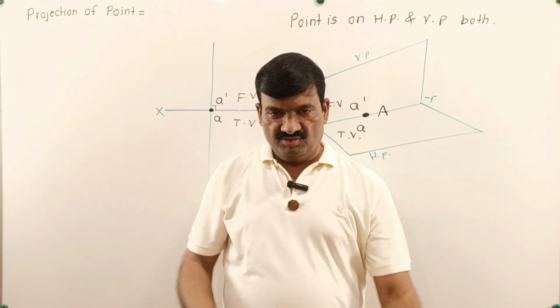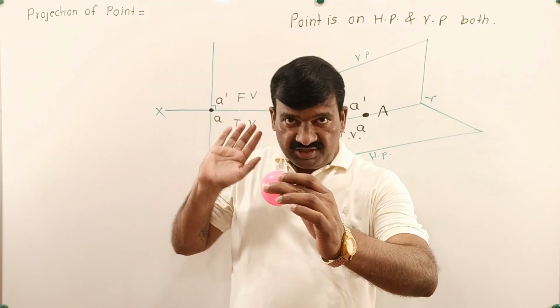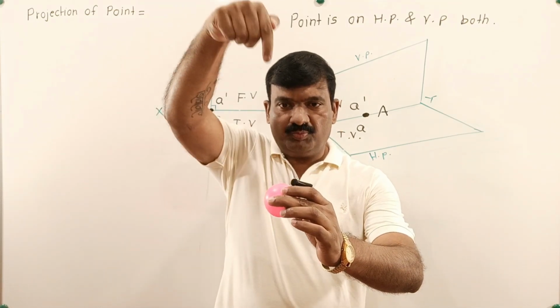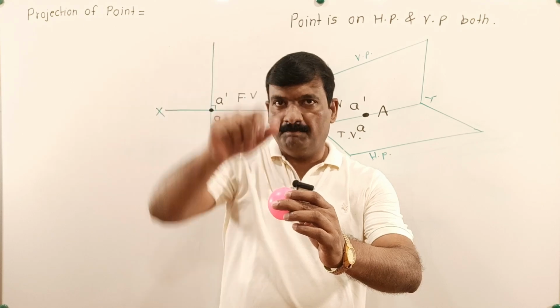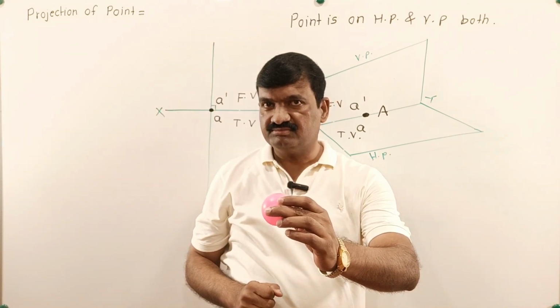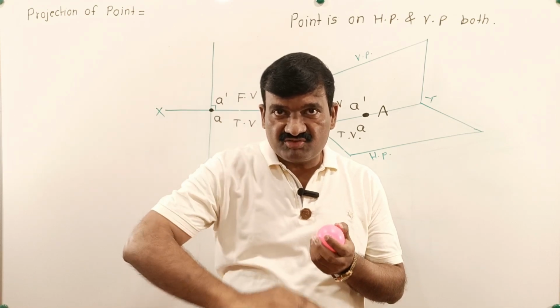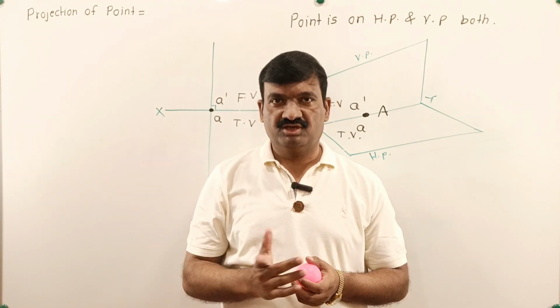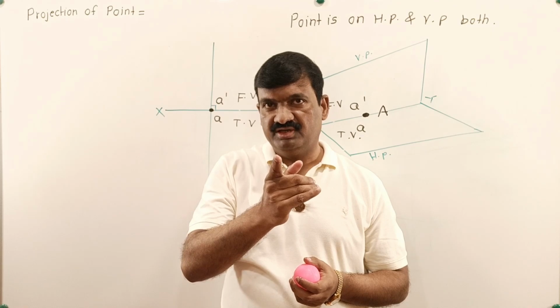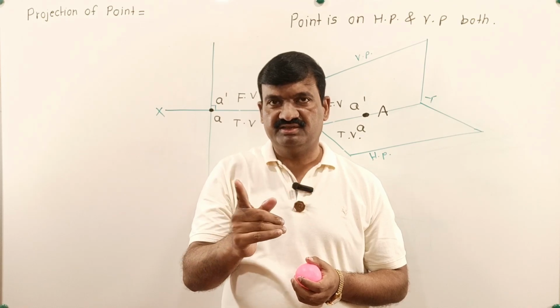Concept number 3, when this point is in front of VP, then top view of the point is drawn below XY line. Concept number 4, when this point lies on the surface of HP, conclusion, front view of the point is drawn on XY line.